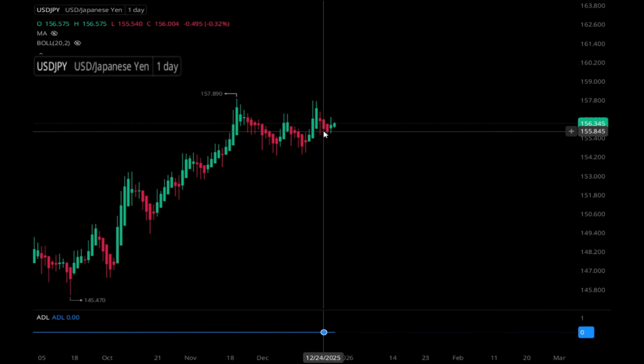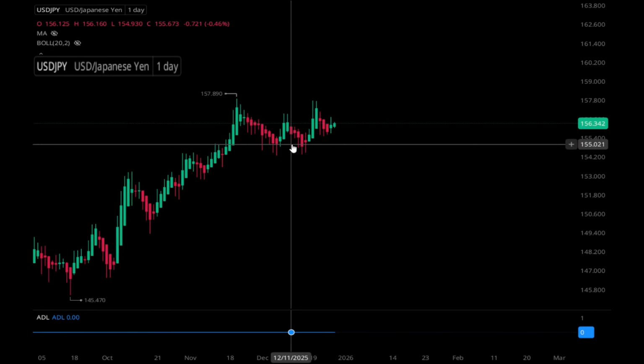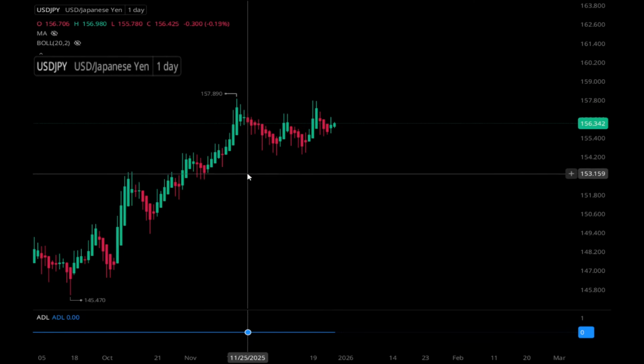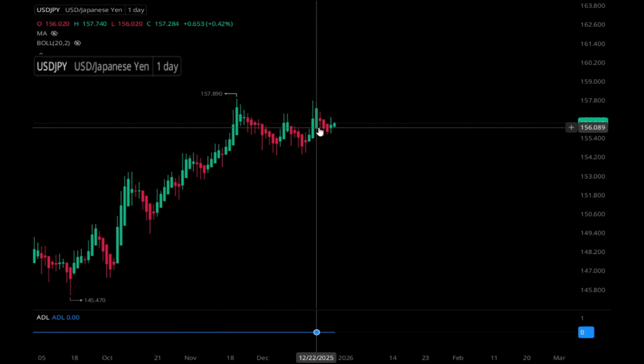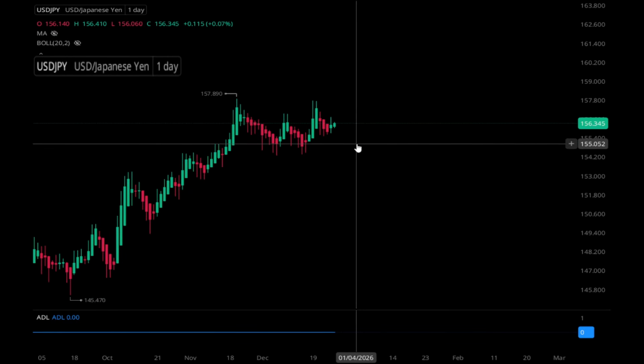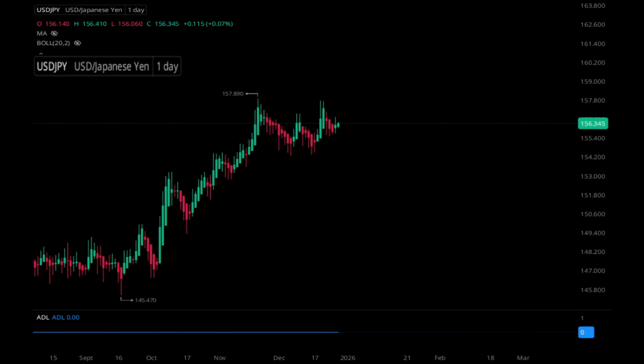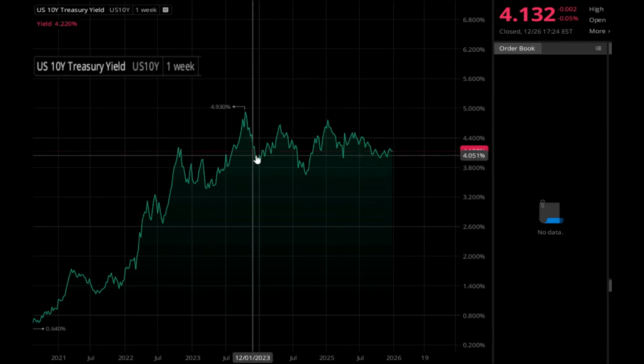I know you can, but I don't know how to do it on the computer right now. But this is almost exactly opposite of TLT in terms of the stickiness that's been occurring, and this is running almost exactly with the 10-year right now in terms of it holding that stickiness. You can see that pattern occurring.